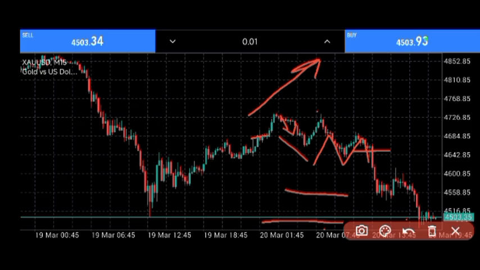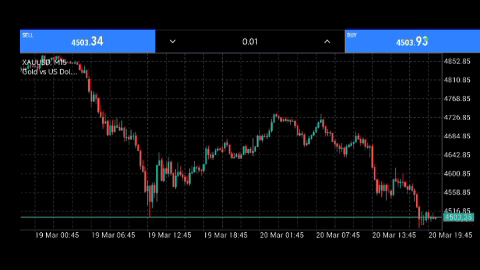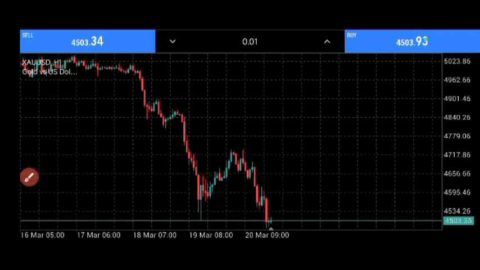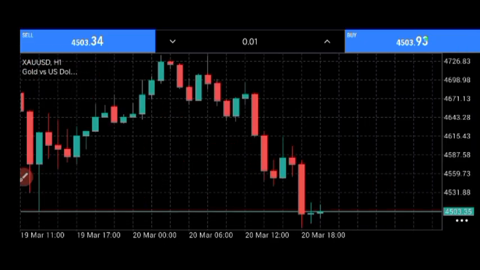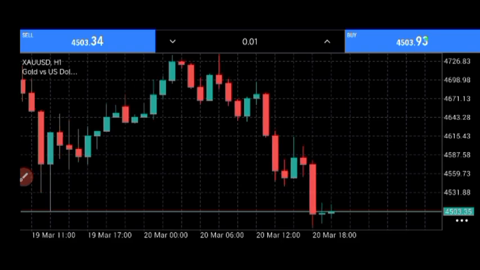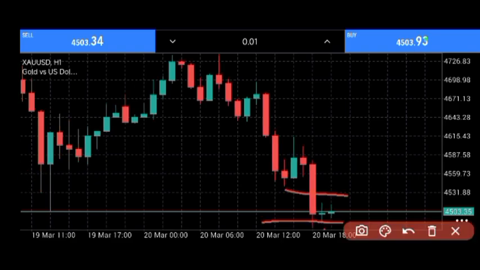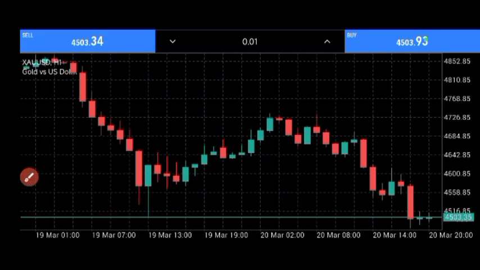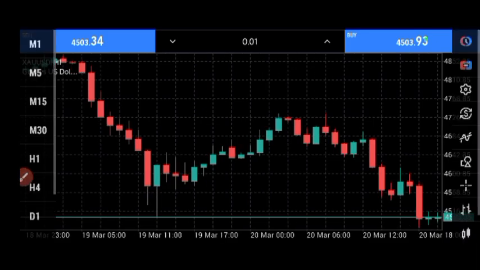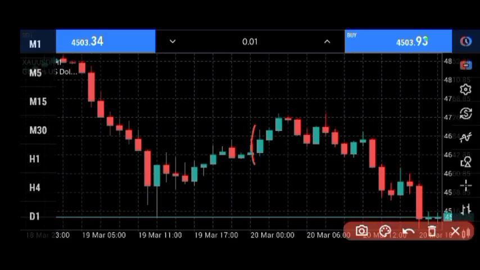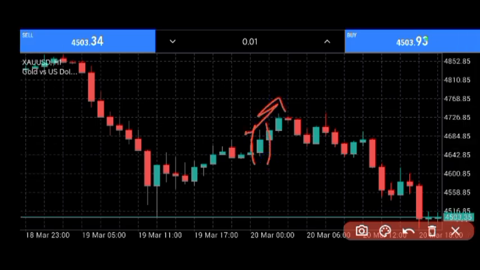So with that, we still have to go back to the 1 hour time frame again. So this is the 1 hour time frame, and we're looking at the 28th. This was the candle that gave us the range going up, the one that I marked earlier.